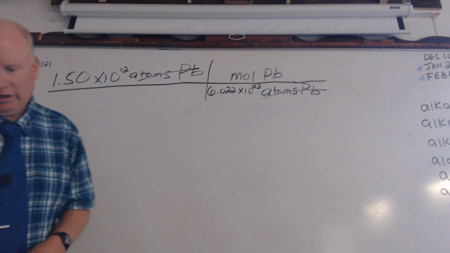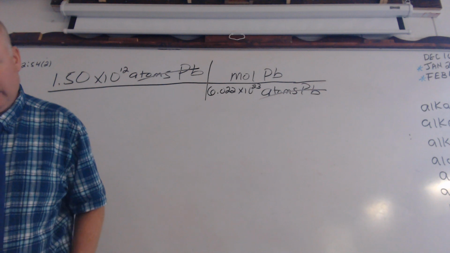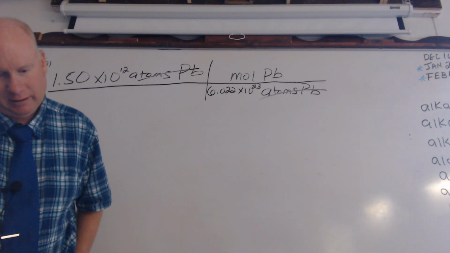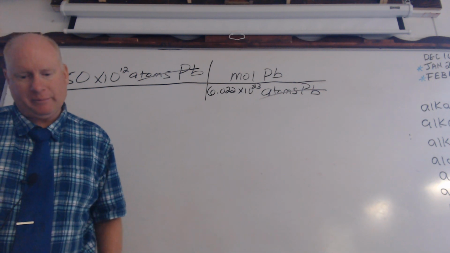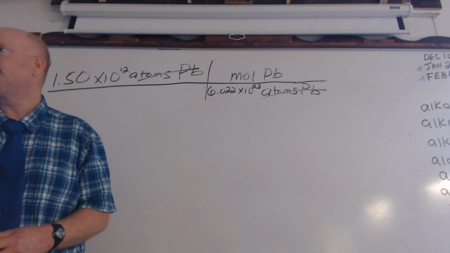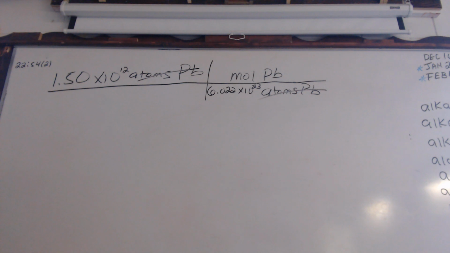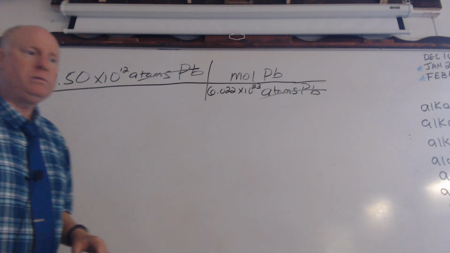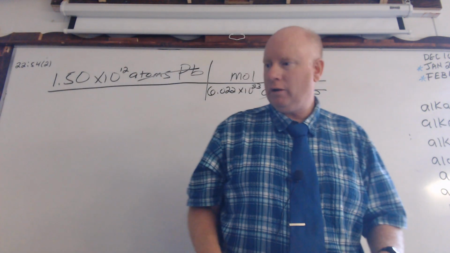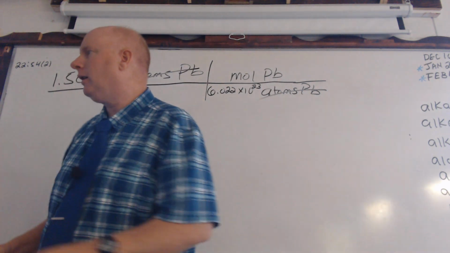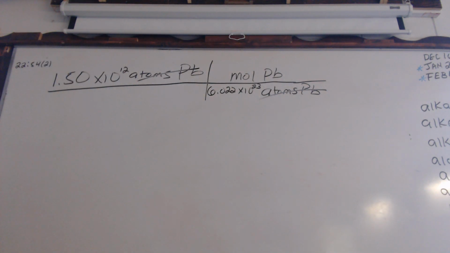So I'll look at my cheat sheet here, and looks to me like we're supposed to come up with 2.5 times 10 to the negative 12th. Nope, we divide, okay? So, as a review, we have a calculator like this? Okay. Alrighty.